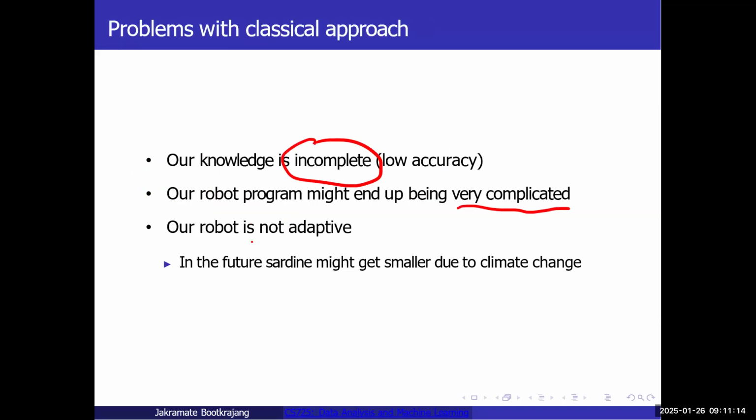Another one is that it's not adaptive. When you write a program, the program cannot be changed. Once you compile it, it's going to stay there. So we want something that can be future proof, where we can update the program without much trouble.